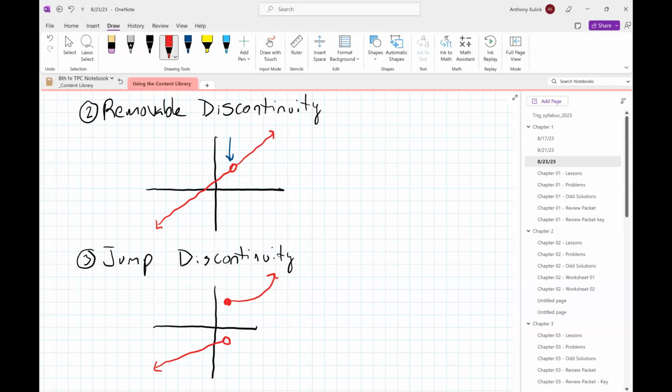Again, I can draw one part of it, but then I have to pick up my pencil to draw the other part. But it's basically like we snapped the graph at a spot, and we picked up half of it and just moved it up or down or something. Right? We just cut it and then moved it. That's kind of what the jump discontinuity looks like.